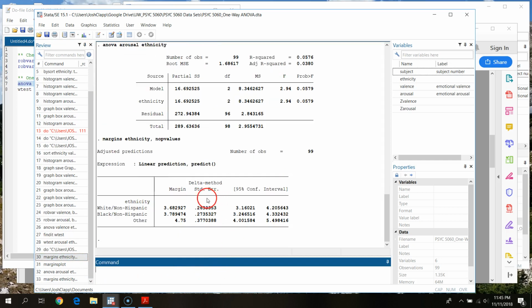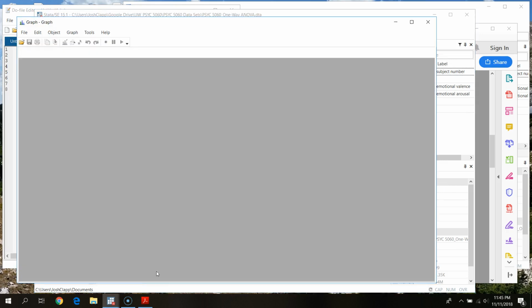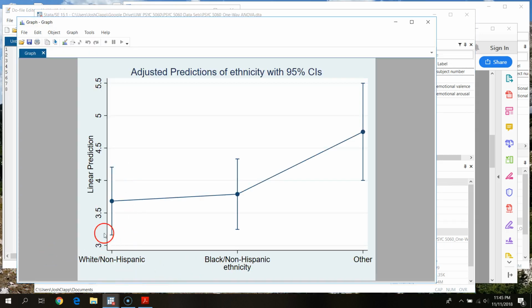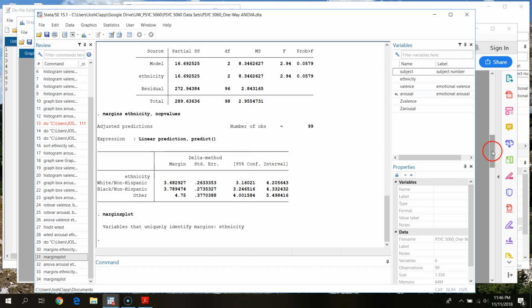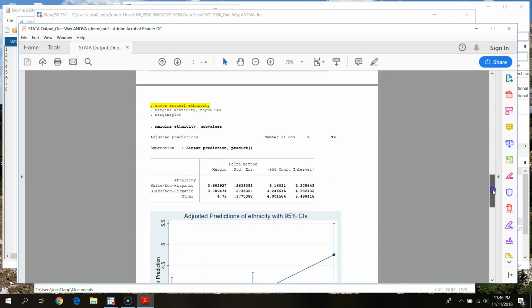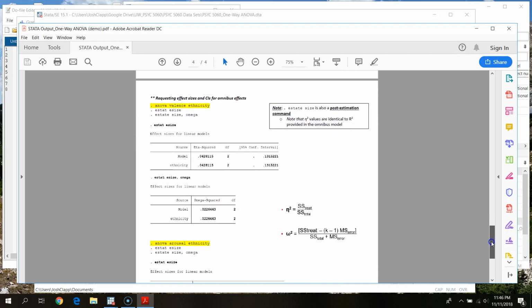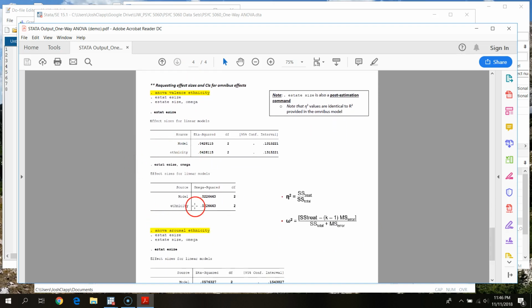This is now going to give us our marginal means of arousal and our 95% confidence intervals, as well as our margins plot. So here we're seeing more of a difference in terms of higher levels of emotional arousal in our other condition relative to our other two. But that's something that we'll take a look at in our follow-up tests for our overall ANOVA model. Okay, so last thing we can do in Stata is we can ask for effect sizes.